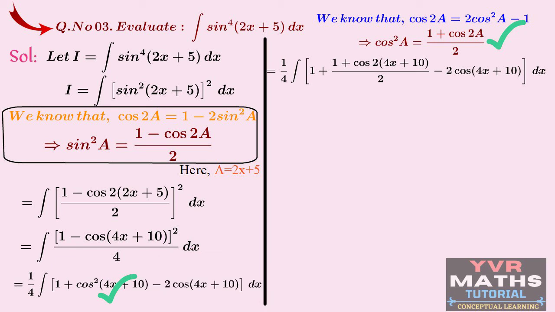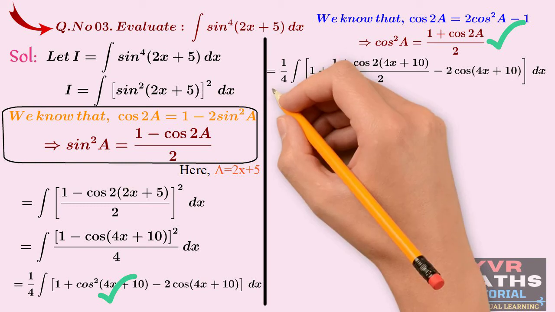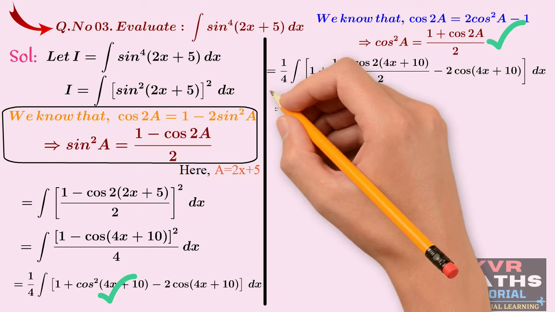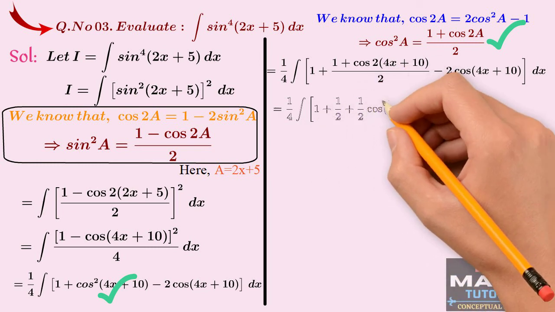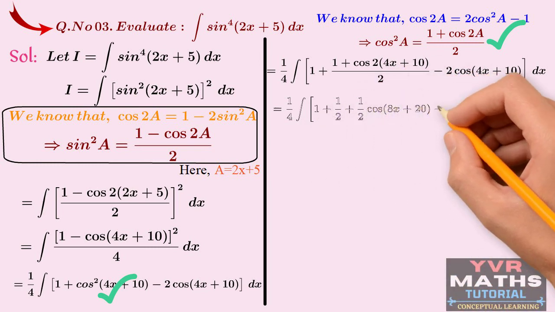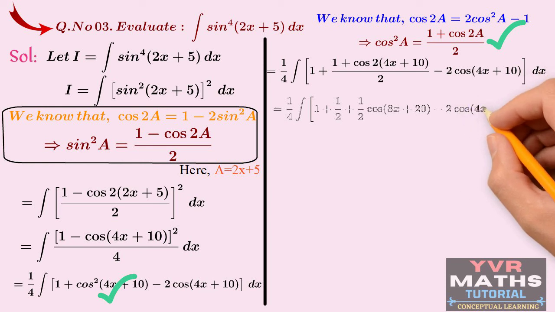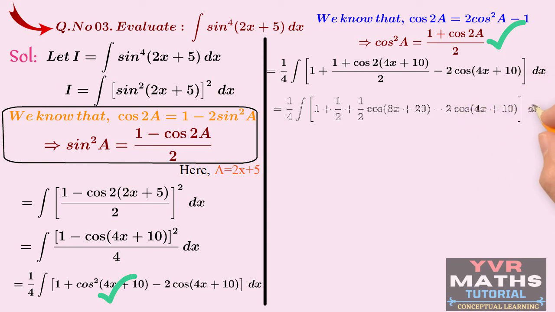Okay students, now if you observe here, in the second term on numerator we have sum of 2 terms. If we divide each term of numerator with the denominator, then what we will get? See here in the next step, 1 by 4 into integral 1 plus 1 by 2 plus 1 by 2 cos of 8x plus 20 minus 2 times of cos of 4x plus 10 dx.